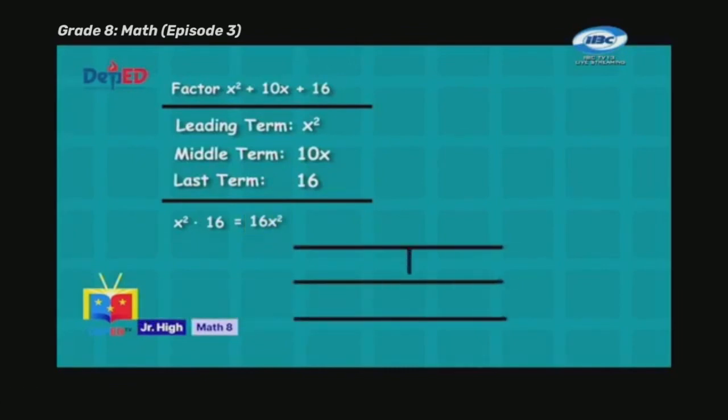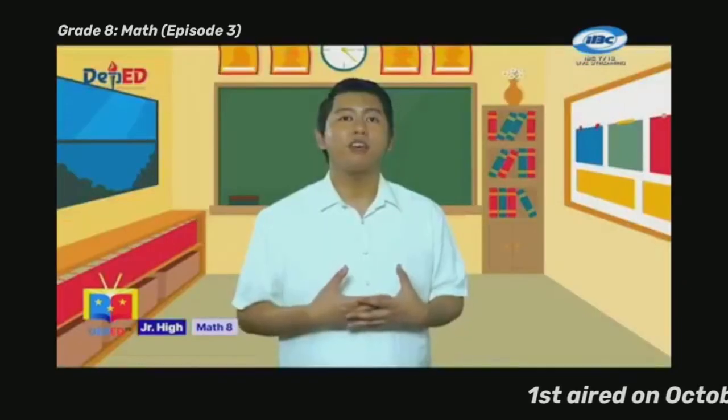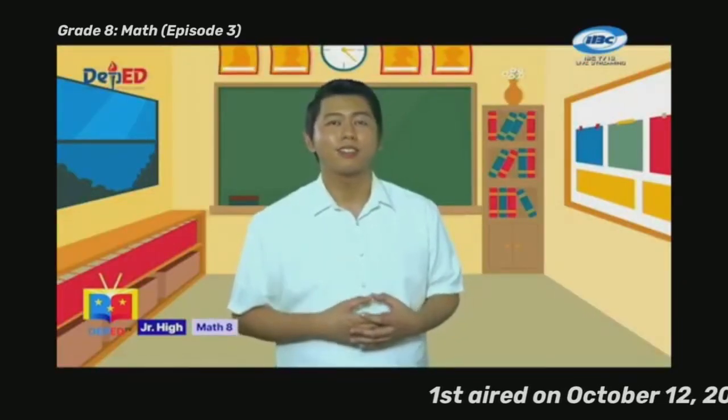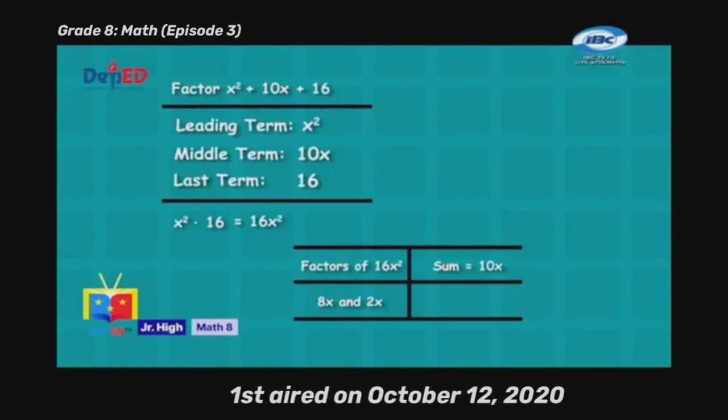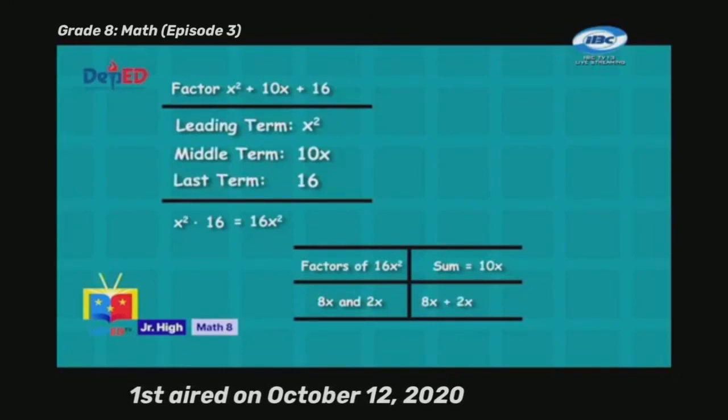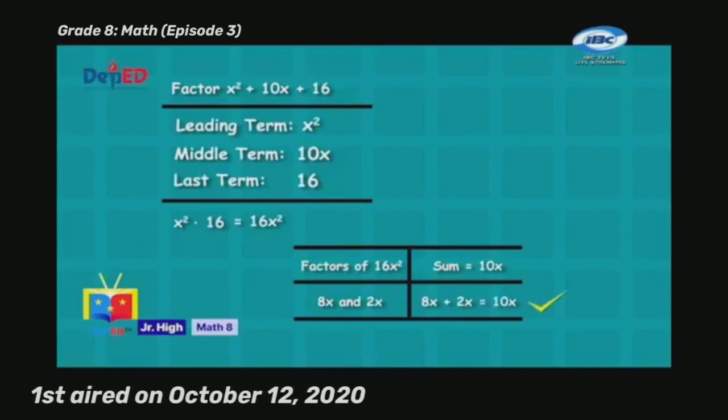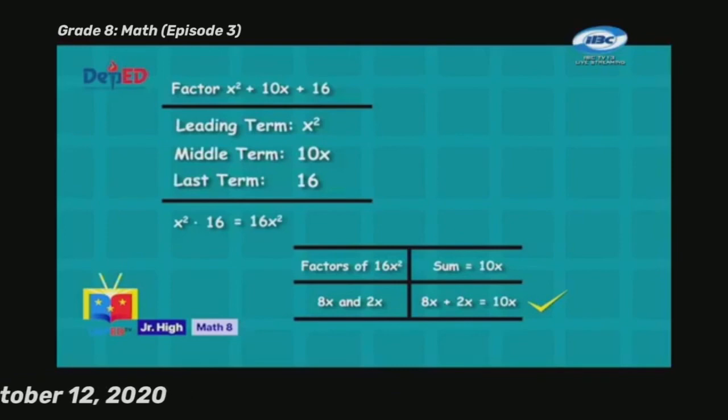We know that 16x squared can be written as a product of 8x and 2x. Now let us check if these are the correct factors. What is the sum of 8x and 2x? 8x plus 2x is 10x. It means that we got the correct pair of expressions.